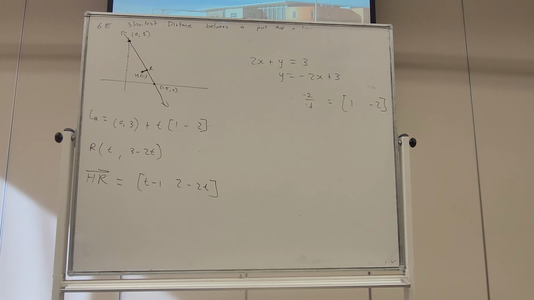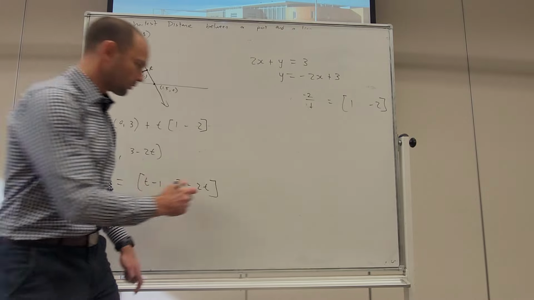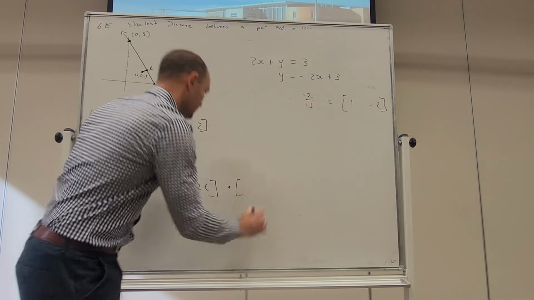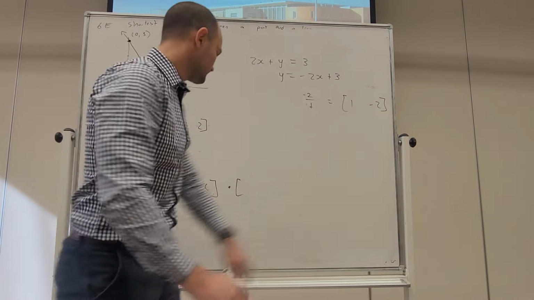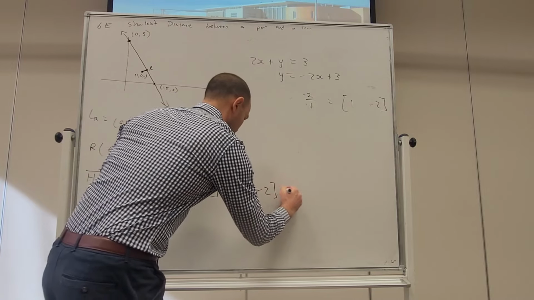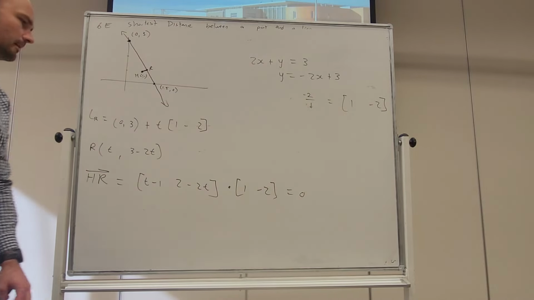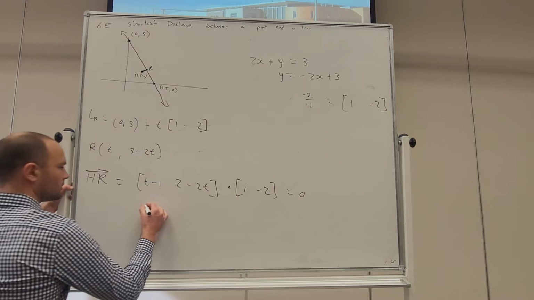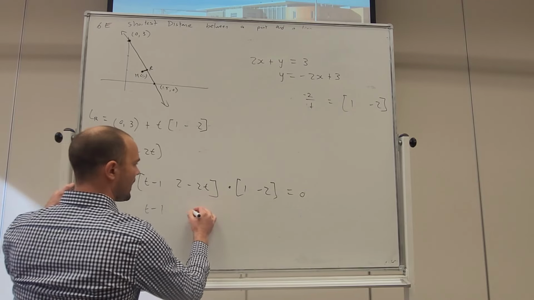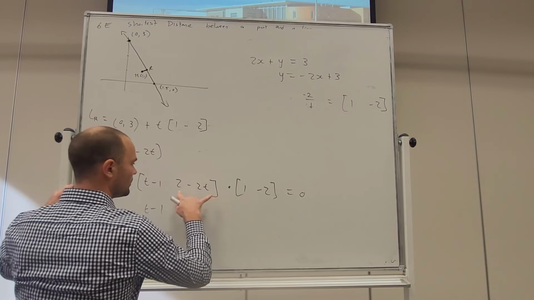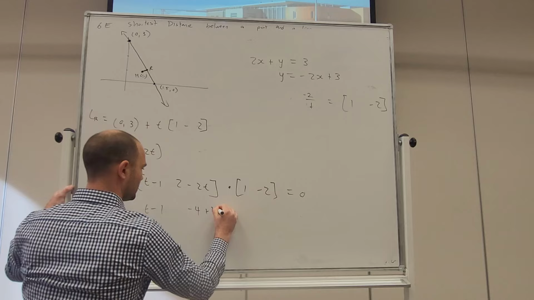So we've got the vector from the house to the road, and now they're going to be perpendicular when the vector from the house to the road dot the direction vector of the line equals 0. That's when they're going to be perpendicular. So we'll evaluate this. We've got t take 1, and we'll have minus 4 plus 4t.